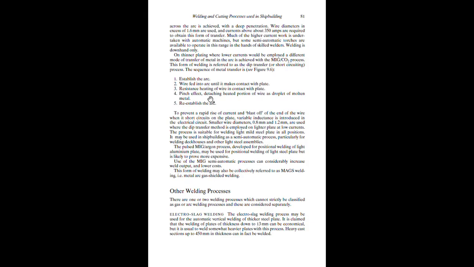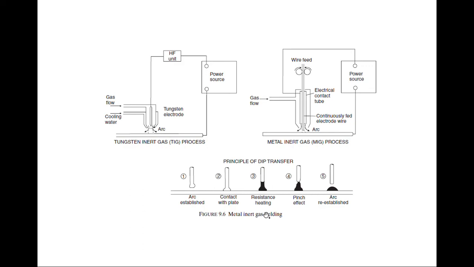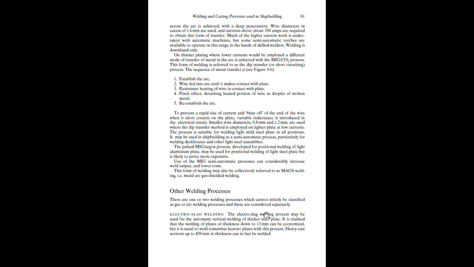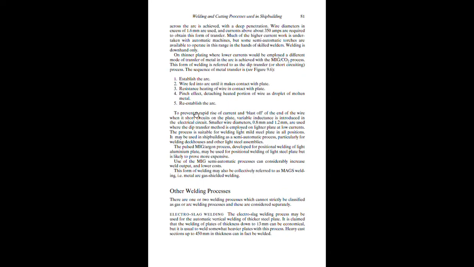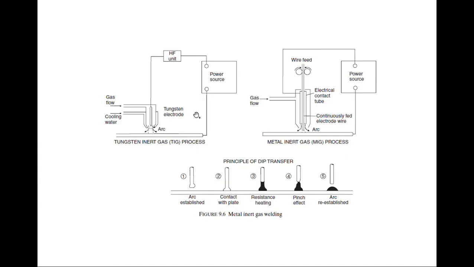Then we have resistance heating of the wire in contact with the plate, and then the pinch effect, detaching the heated portion of wire as a droplet of molten metal. With that heating, this will detach itself in a molten state. And then we have re-established the arc.